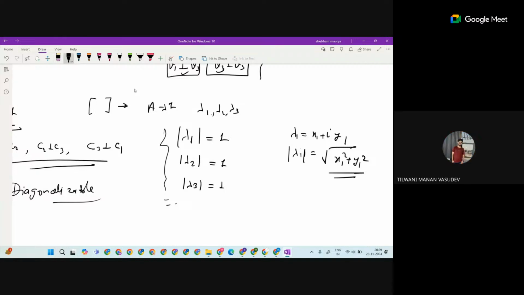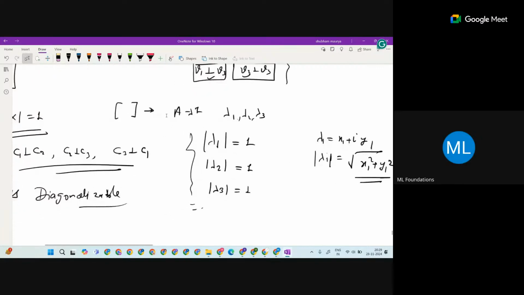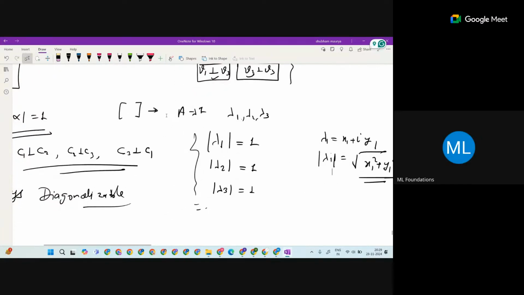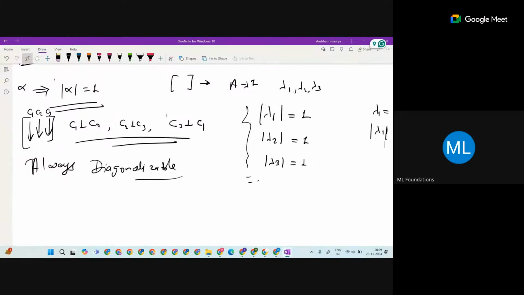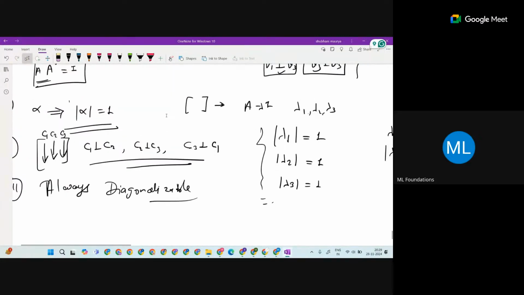Norm comes when we form a vector space over real numbers, or C over C or C over R. That is totally different.